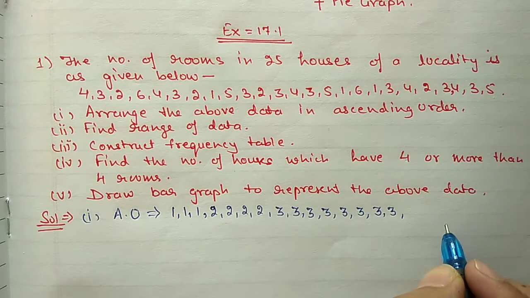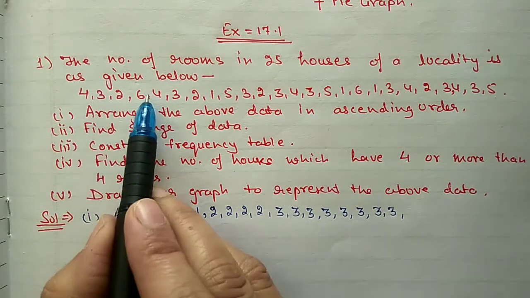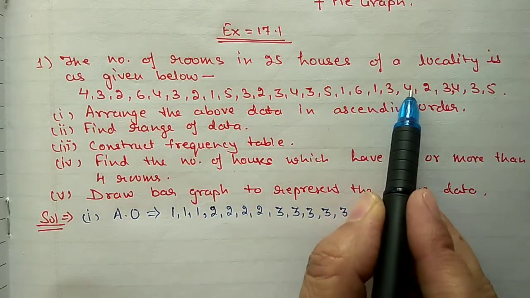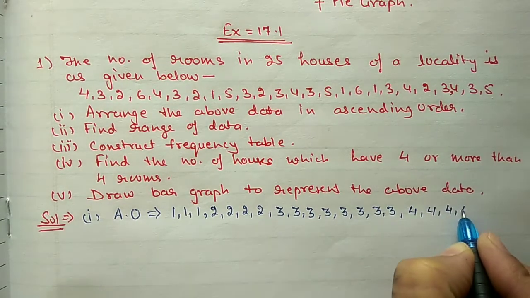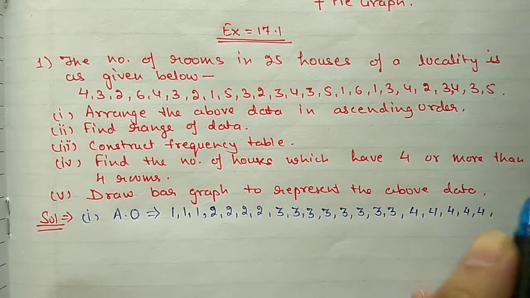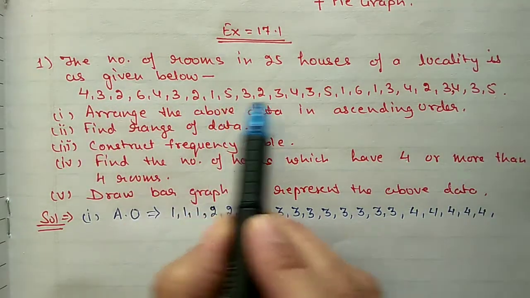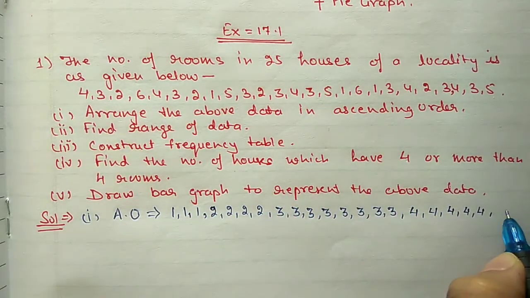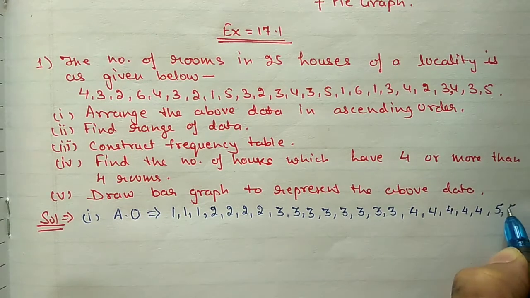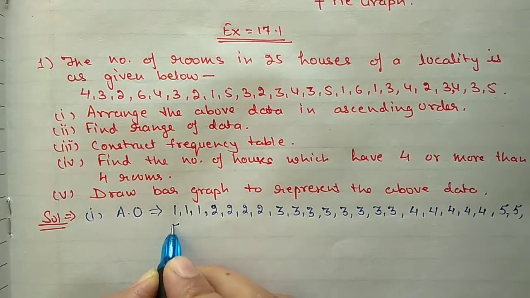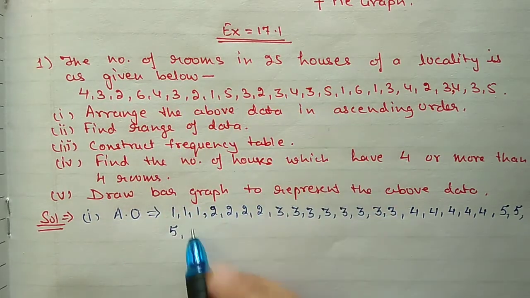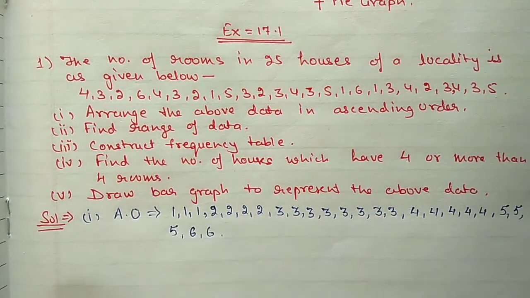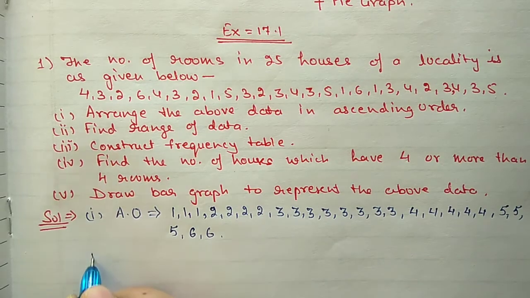After 3 we have 4, 1, 2, 3, 4 and 5 times. Then 5, 1, 2 and 3 times. And after 5, 6 we have 2 times. So this is our data arranged in ascending order.